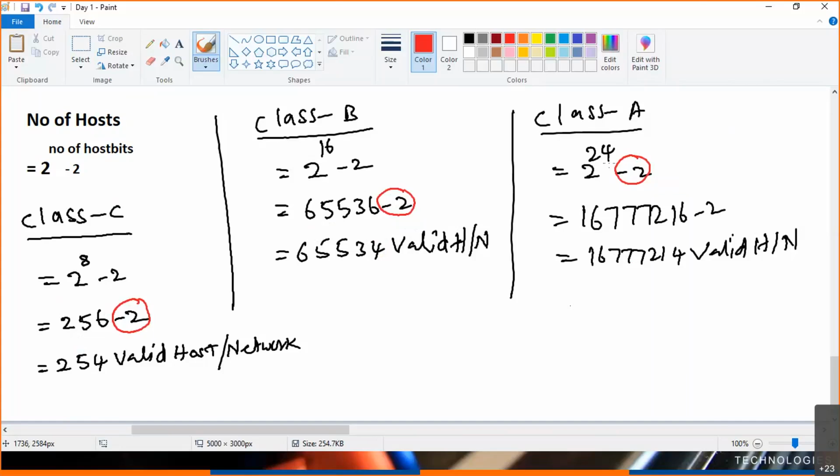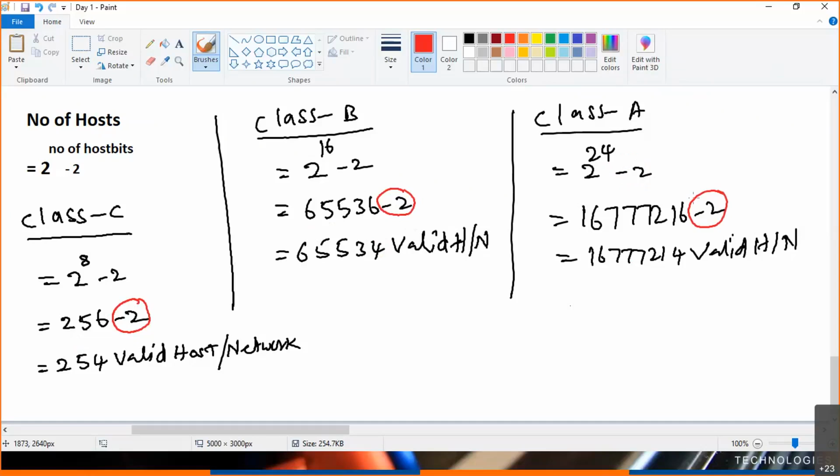The main question is here: in the number of hosts calculation, for every network we are doing minus 2. Why are we doing minus 2 here? One is broadcast and the second is for the default gateway. That is only 50% correct.